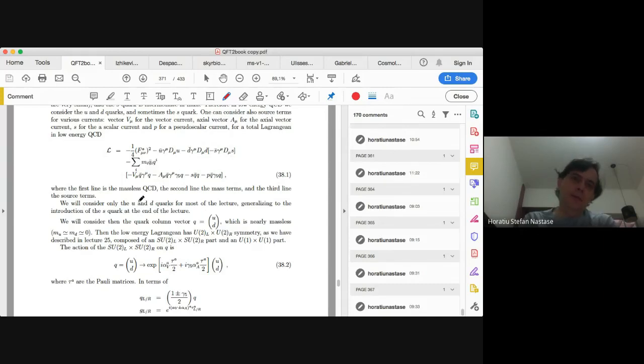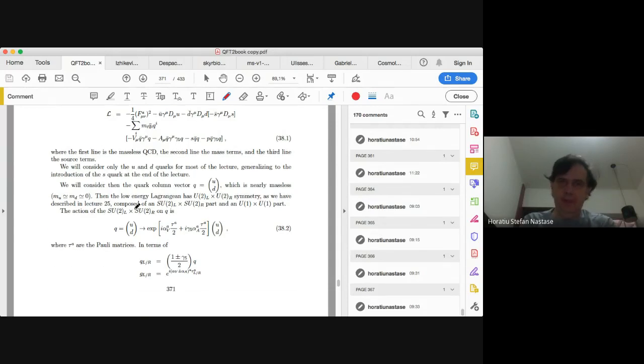So as we said, we'll consider mostly U and D, and we generalize to introduction of S just very quickly at the end. So we'll consider the quark column vector, q is up-down, which is nearly massless. Now, of course, up-down is a doublet of SU2 gauge, right? But we're not considering electroweak symmetry.